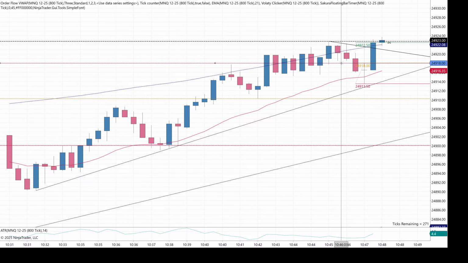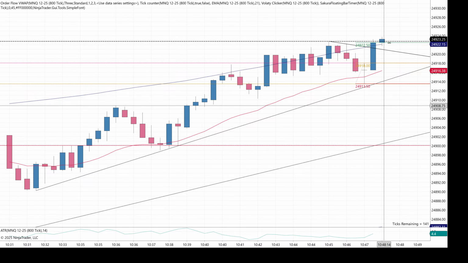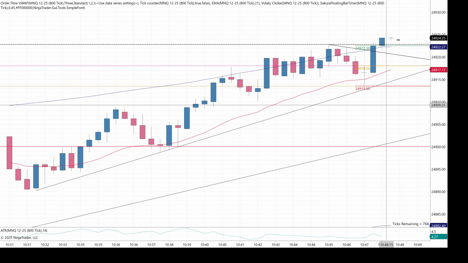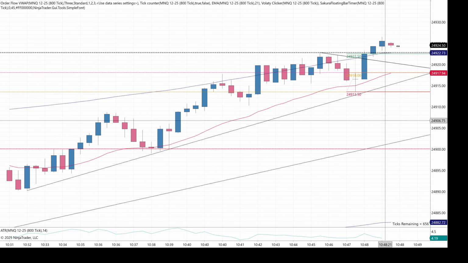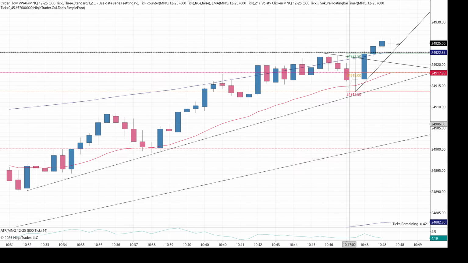We have runner now at break even. Golden ruler moves up as well.